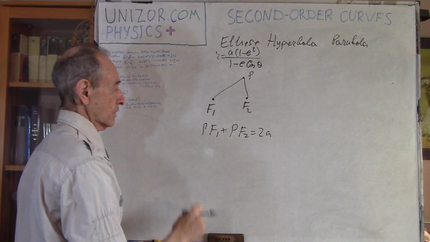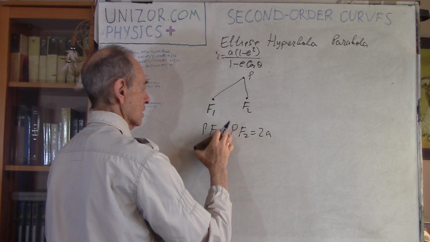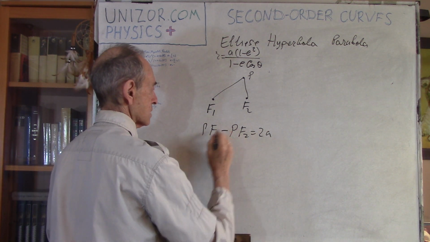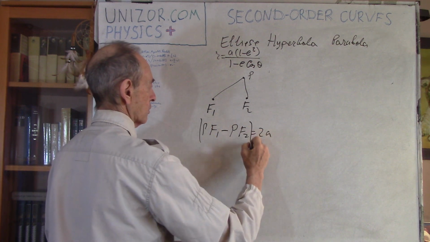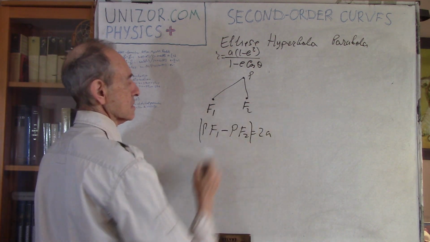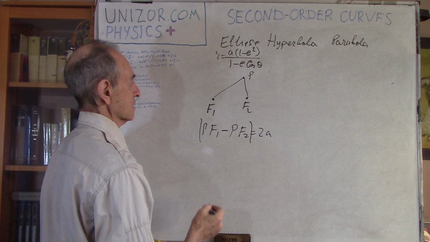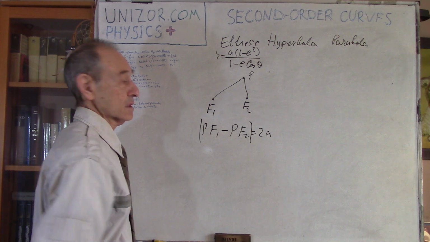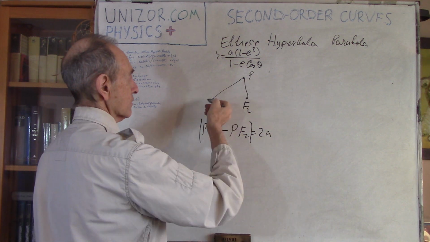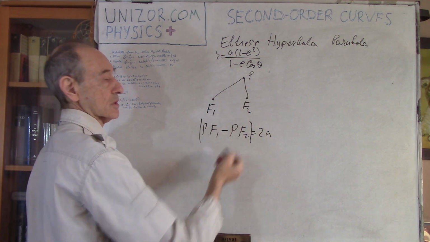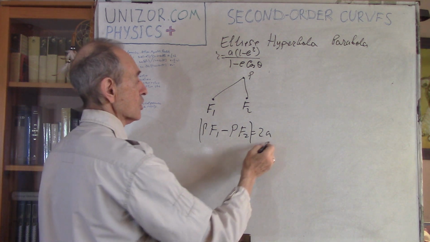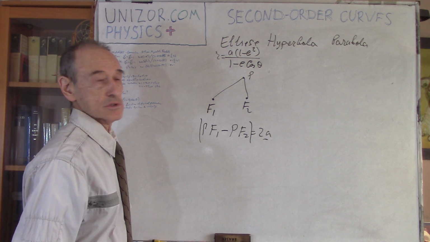That was the definition of an ellipse. Okay, change this to minus. Well, probably you have to take the absolute value because the difference may be negative. It's basically the same thing, except instead of the sum of these two distances, you have the difference between these two distances, which should be equal to the constant 2a.